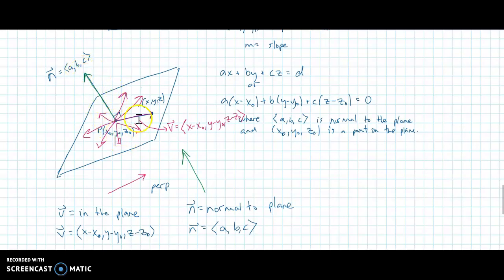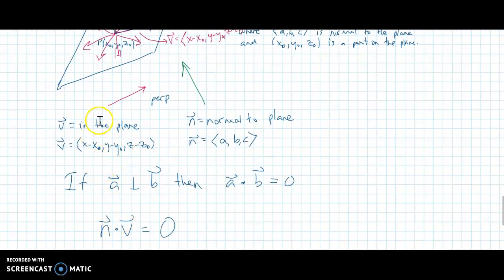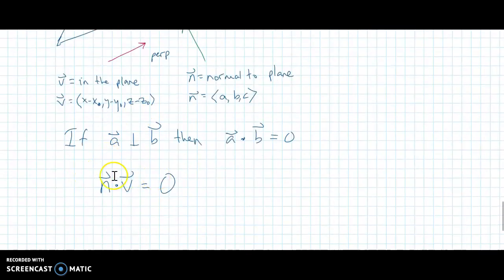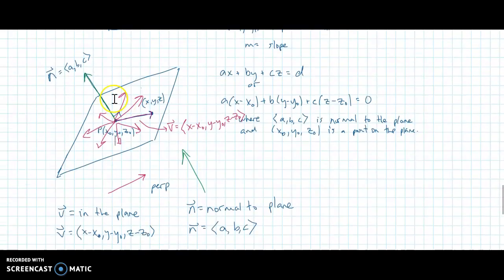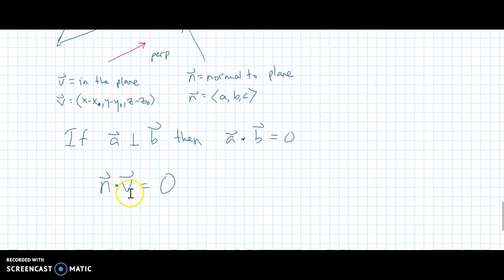This green vector is the axle and these are the spokes. They're always perpendicular no matter which spoke I take. So if they're perpendicular, their dot product is 0, because v is going to define all of these. It's got these x naught, y naught, z naught, and then these arbitrary x, y, z's that are in the plane, right? So that dot product is equal to 0.